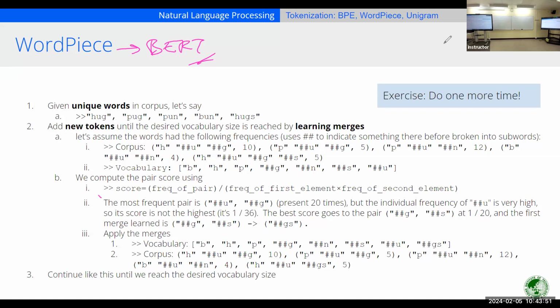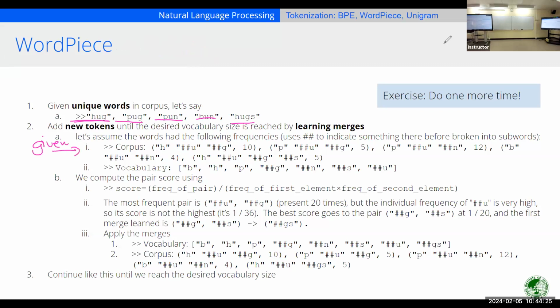But anyway, let us go to WordPiece, right? If you understand that one, then this one is easy. Now you got this ##, which means that it comes from some word in the beginning. Let us do this. We have unique words: hug, pug, pun, bun, hugs. This is given.